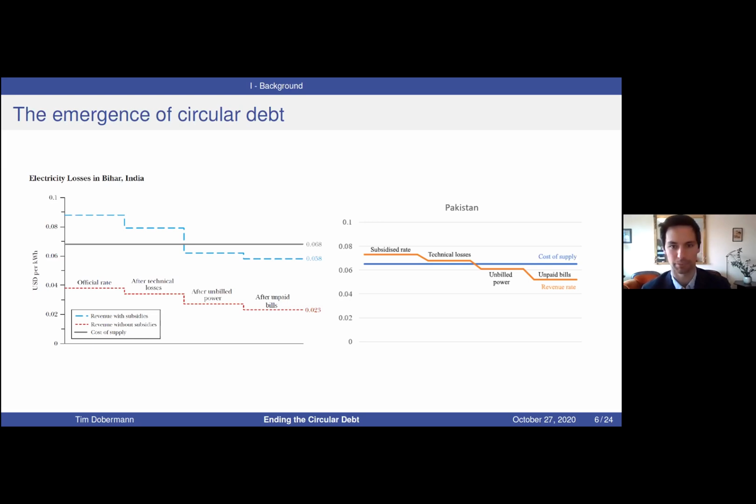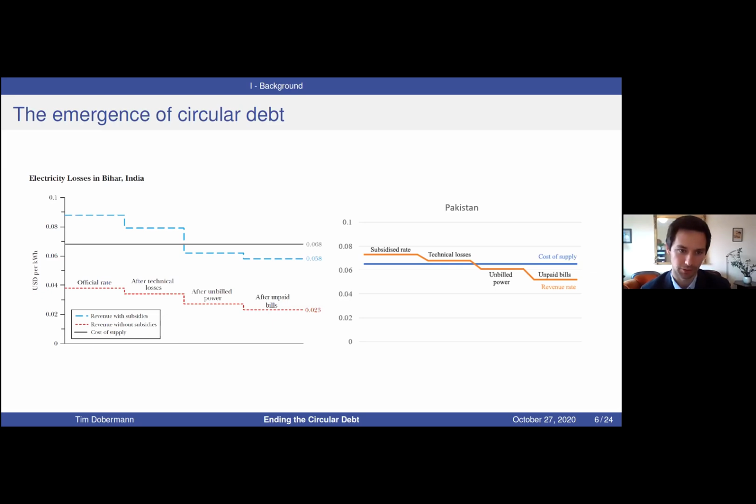There's a lot happening here. Let's focus on the left-hand side graph. The first difference between the blue line and the red dashed line indicates the role of subsidies. So number one, without subsidies, the utility would not be able to cover the cost of supply at all. So it must get subsidized in this case.